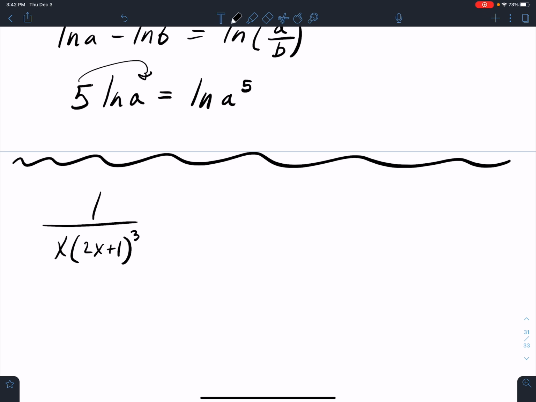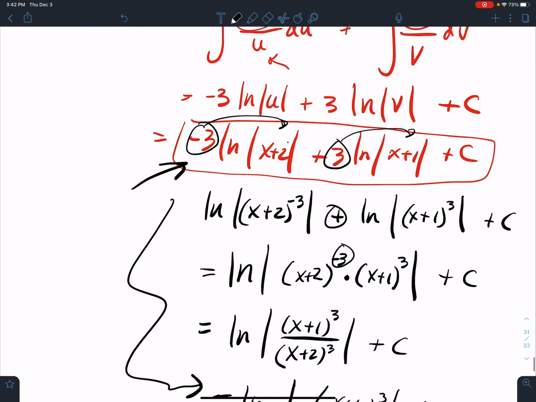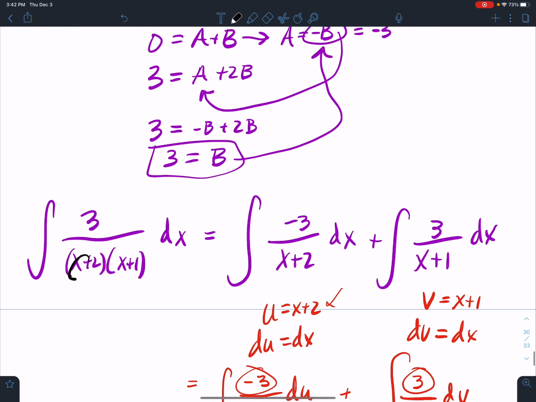Well, you actually have 3 factors of 2x plus 1 going on here. So to account for those 3 factors, we're going to build up the powers. So first factor, it's got that 1 over x thing going on, right? So I have some a over x, okay? Just like whenever I had the factor here, I had to account for that factor with some constant here, and then the factor here, I had to account for that factor with some constant there.